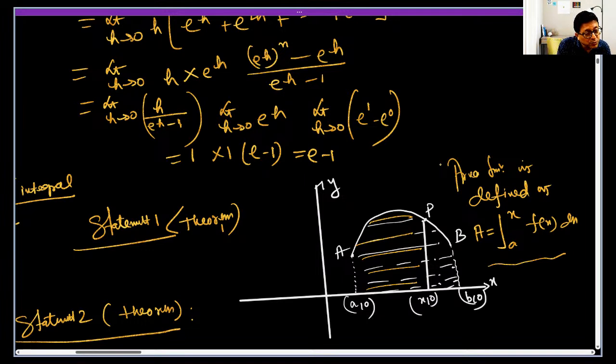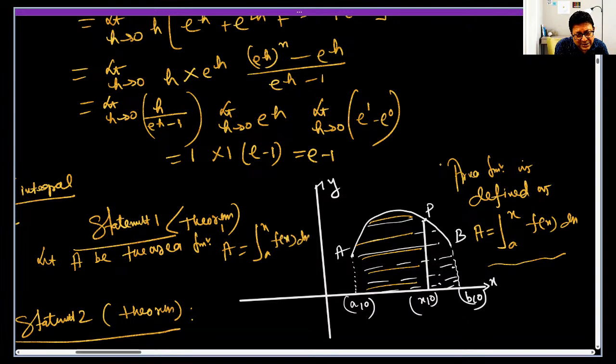So statement 1 is what? Let A(x) be the area function, integral A to x f(x) dx.